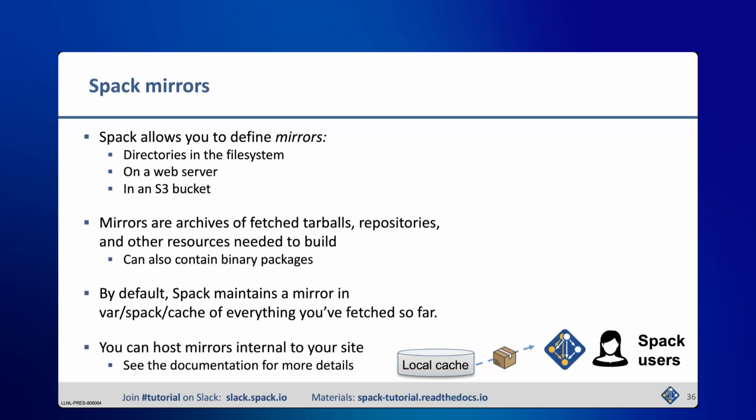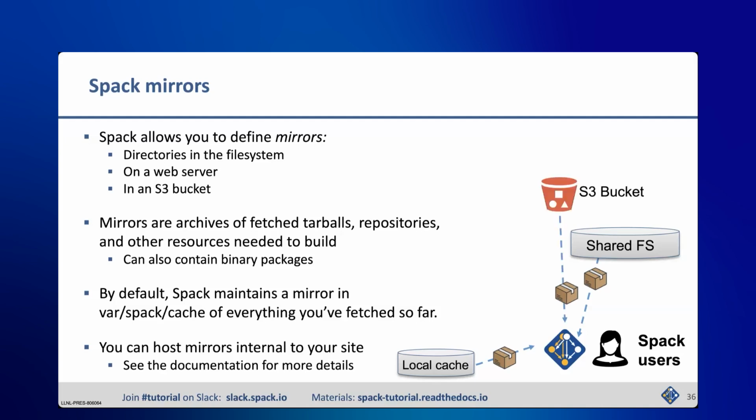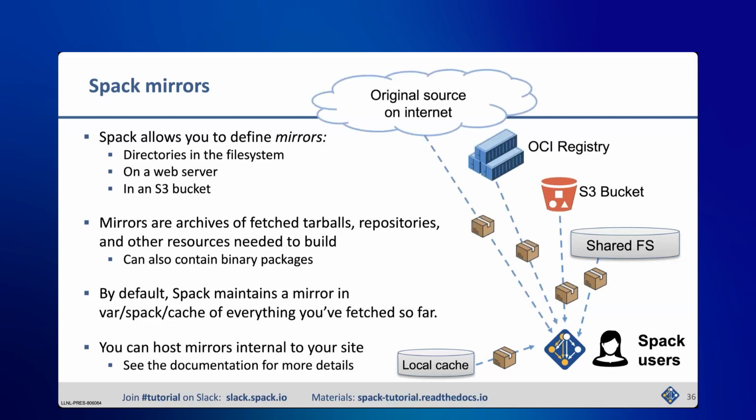You can clean that out. There's a spack clean command that has some options for that. It'll look in a mirror that's set up in the shared file system, if you have one. And so if you've set up your local mirror, it might look there. It can look in S3 buckets. It can look in an OCI registry. And then finally, if it can't find anything in all the registered mirrors that you have, it'll go out to the original source for the package on the internet and try to fetch it from there.